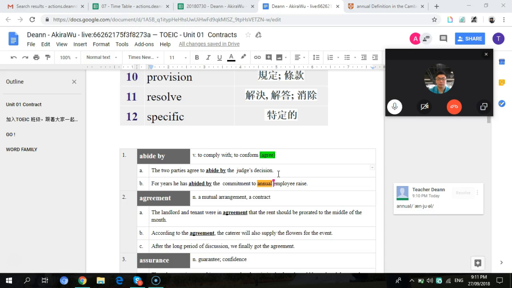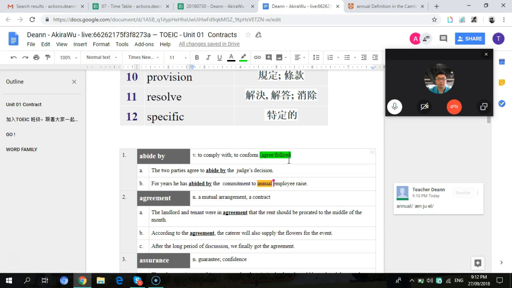Okay, so for example, I will abide, or agree or follow. I will abide by the rules of the committee. That means you will follow the rules of the committee.